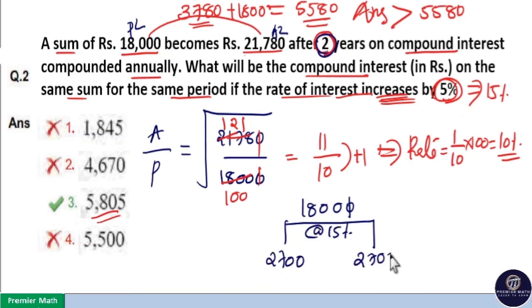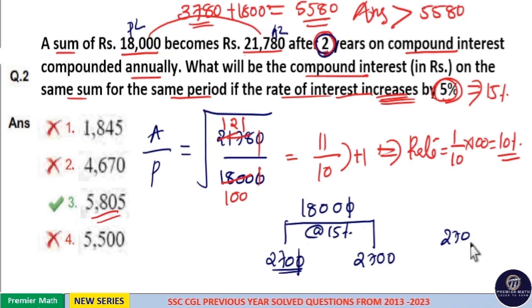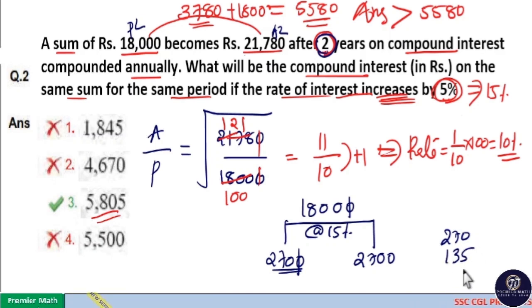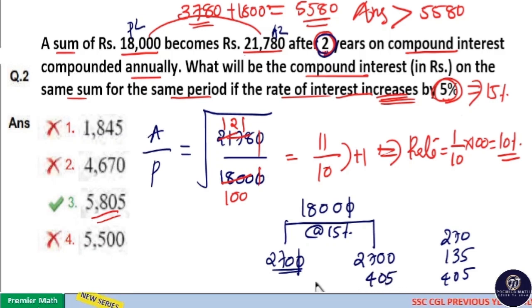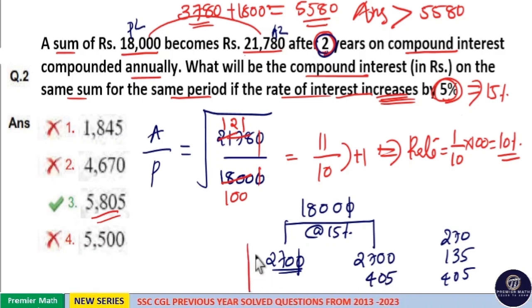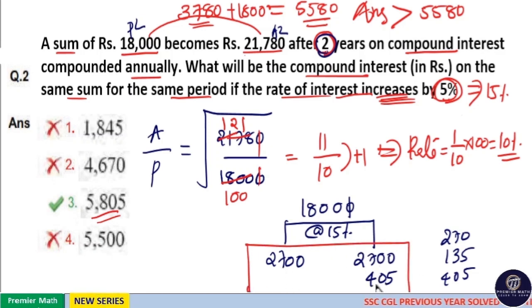So in the second year also, 15% of 2700, that is interest on interest, is added. 10% is 270, 5% is half of 270, that is 135. So 15% is 405. At the end of 2 years, total interest generated is equal to 2700 plus 2700 plus 405. So 27 plus 27 is 54. So this is equal to 5805. Option 3 is your answer.